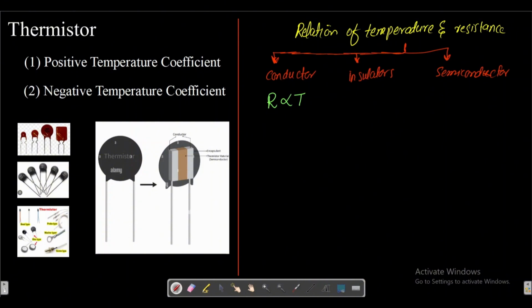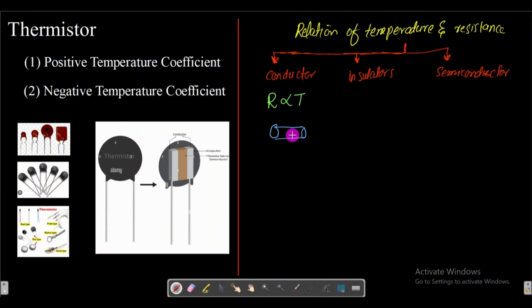Let's say we have this rod, and this rod is actually a conductor, let's say a copper rod. This rod will be made up of a large number of copper atoms, and there will be a large number of free electrons.